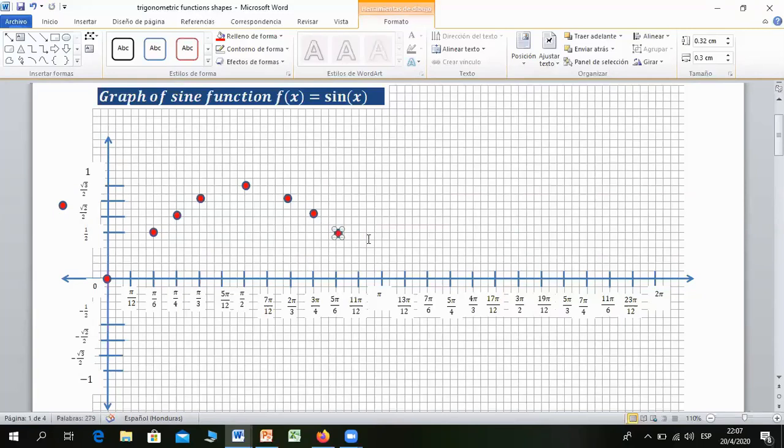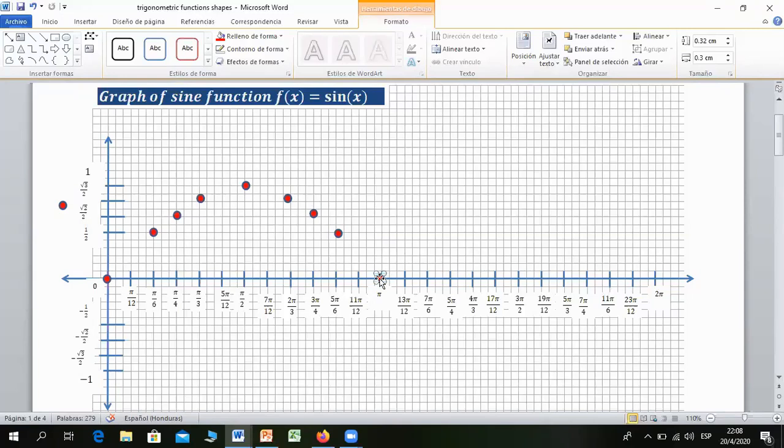There you are. So 11pi/12 is not in the list, but if you remember, pi gives you exactly 0. So this value is one of the most important right now, because it represents something interesting in math. It's an intercept. And this is what I was telling you, that the shape of sine goes up and then goes down.